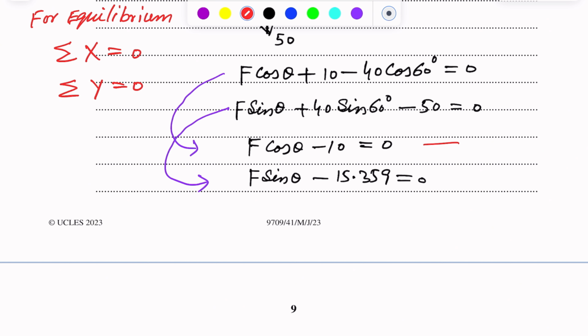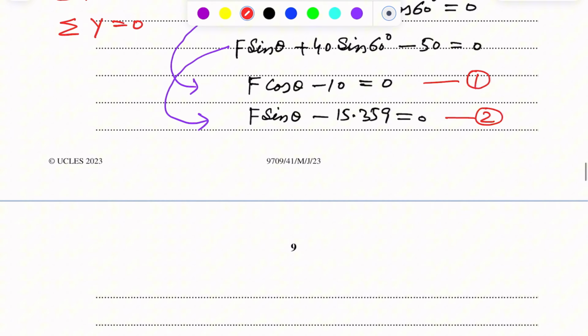Let this be equation 1 for reference. This is equation number 2. Now we will solve these two equations simultaneously to find the value of F and theta.